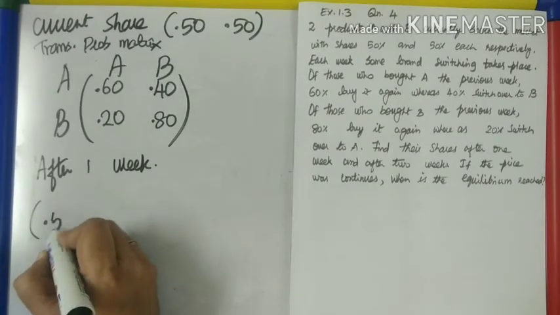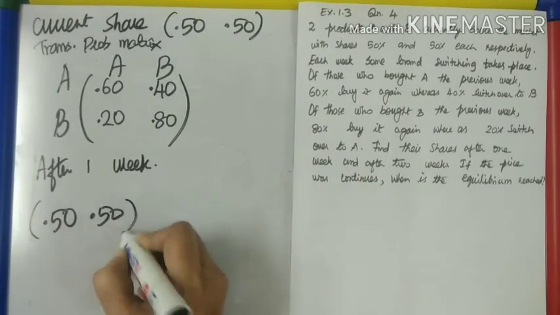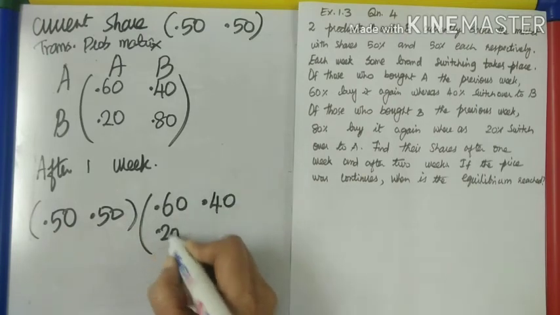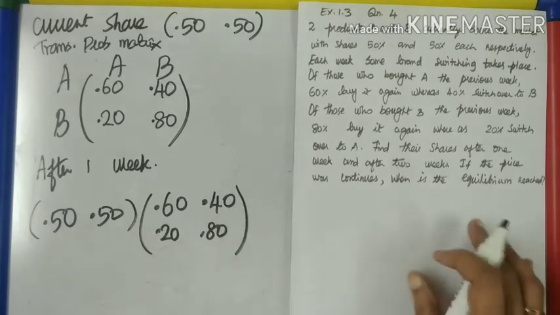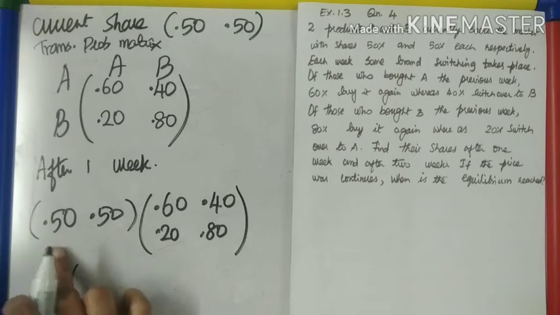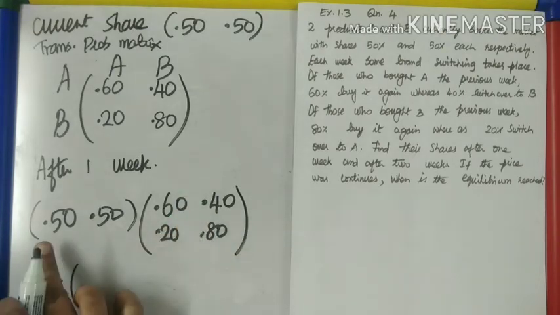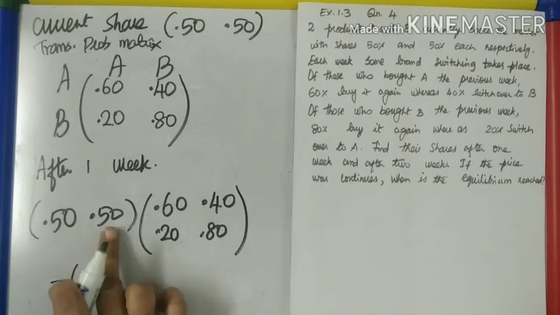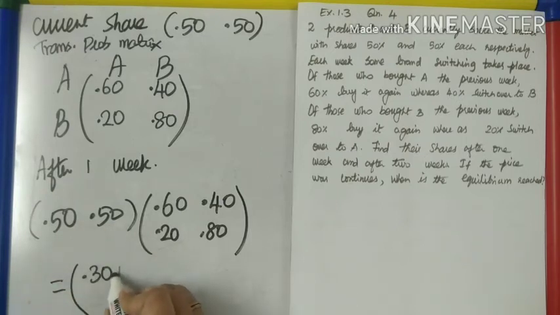Let us multiply. 0.50 multiply with 0.60, 0.40, 0.20, 0.80. As I multiply, first row by first column. 50 into 60. 50 into 20.